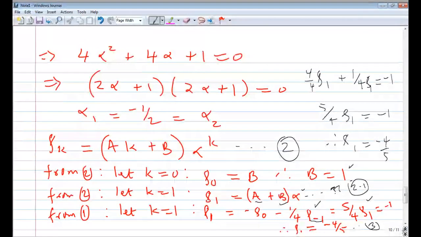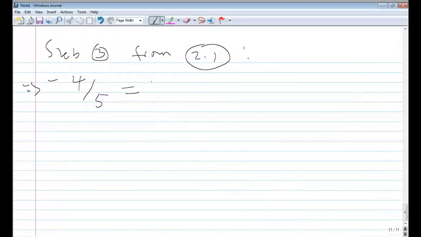So we can say A plus 1 minus half, isn't it? I like this red one because it's visible.